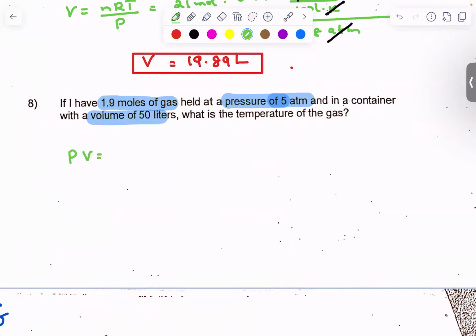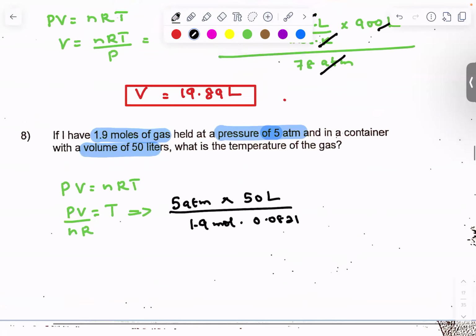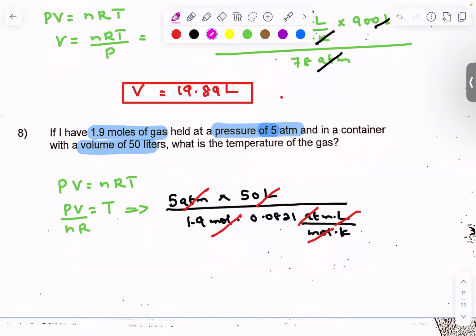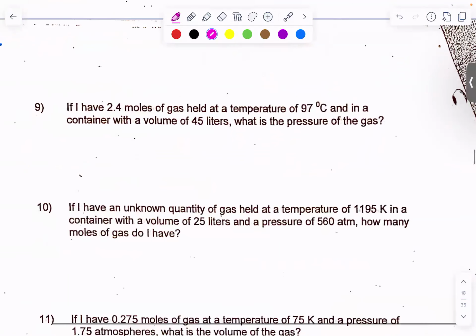So PV equals nRT, so T equals PV over nR. And I got 1602.67 Kelvins. Yes. Good.